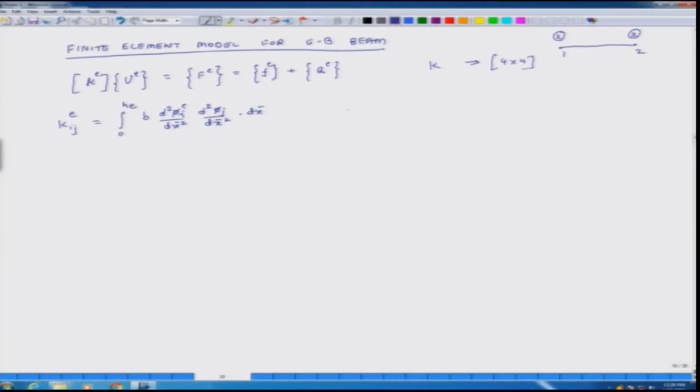F i equals the integral on the domain of phi i times F, which could be a function of x, times dx. And then of course, I have q1, q2, q3, q4, which I have already defined, which constitute the q vector.